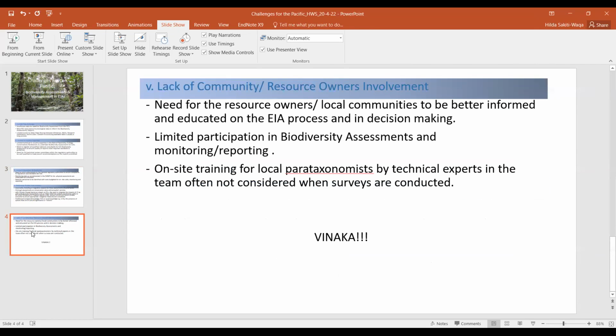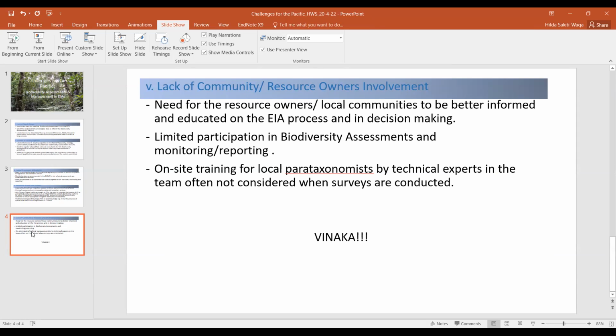The last category is the lack of community resource owners' involvement. And like many resource owners in the Pacific, there's need for better information to be disseminated to the resource owners, and more awareness and education around the EIA process to ensure better decision making from their end.